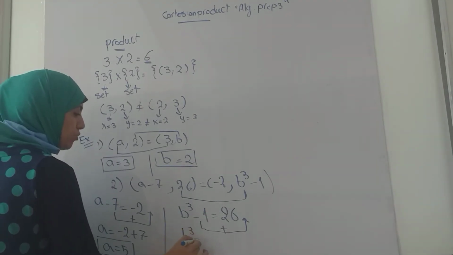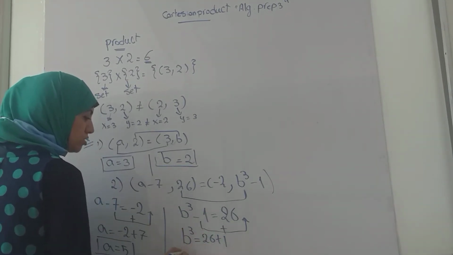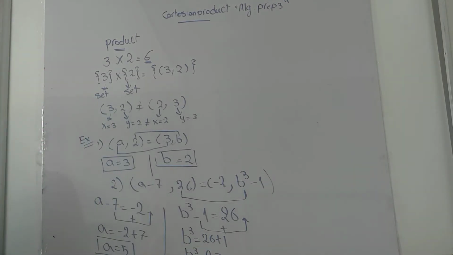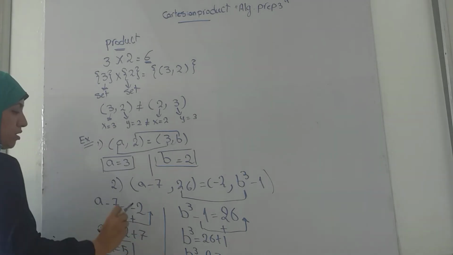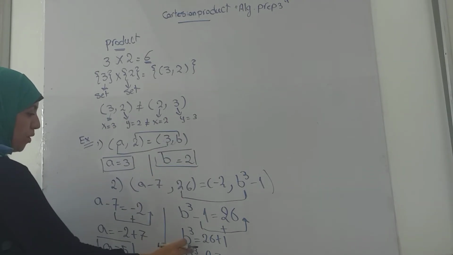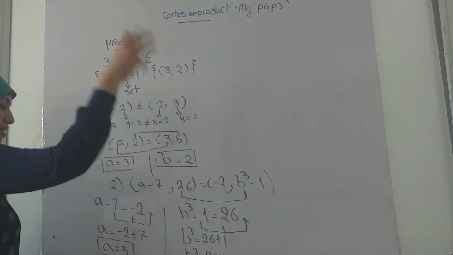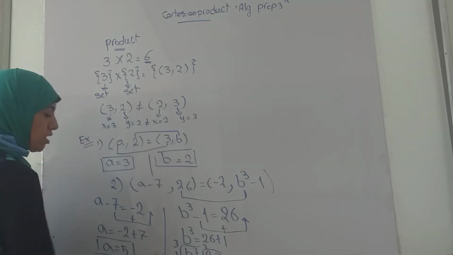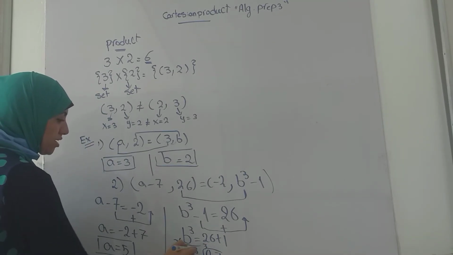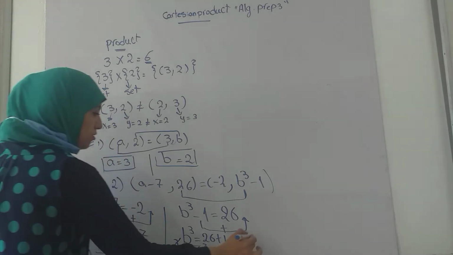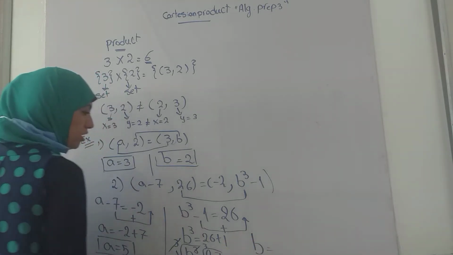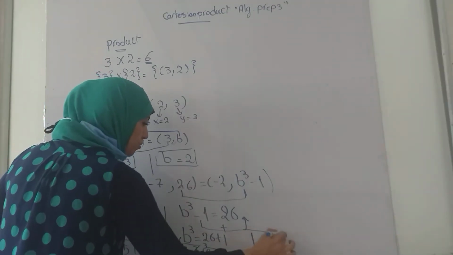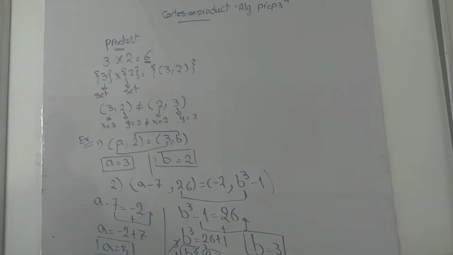So B power 3 equals 26 plus 1, so B power 3 equals 27. What is the operation we can do to take out the power 3? The cube root on both sides. The cube root takes the power 3 and leaves B only. Cube root of 27 is 3. So B equals 3.